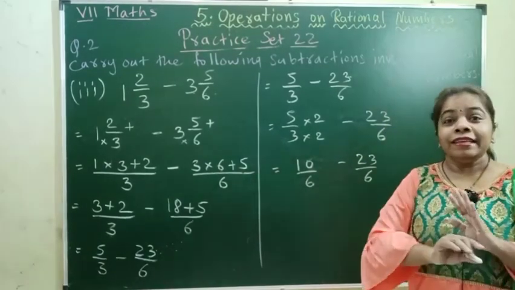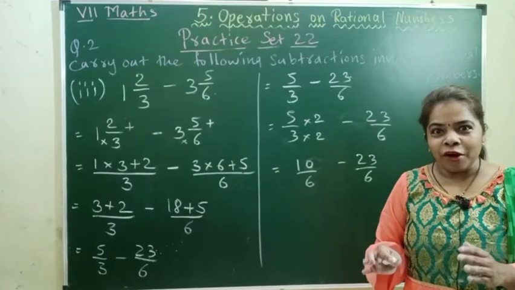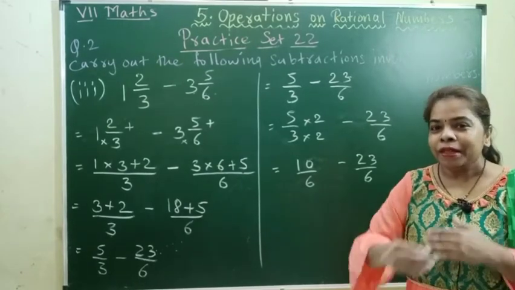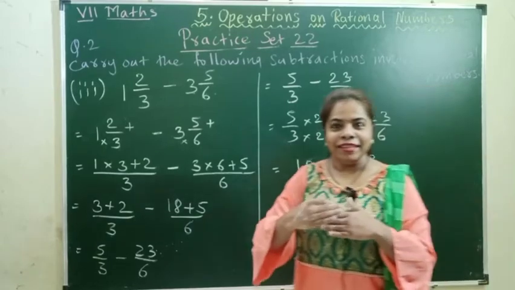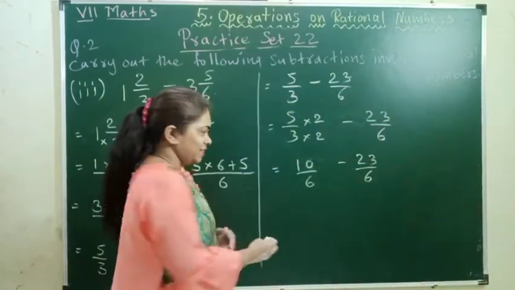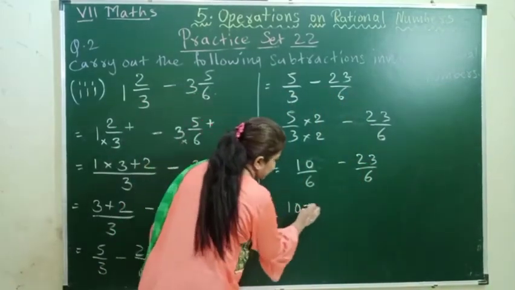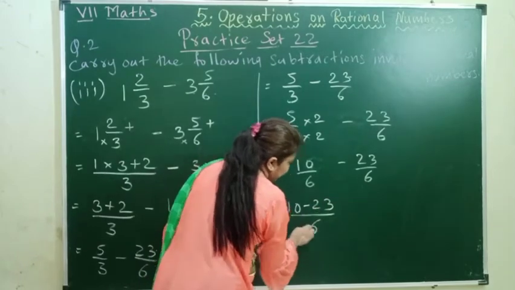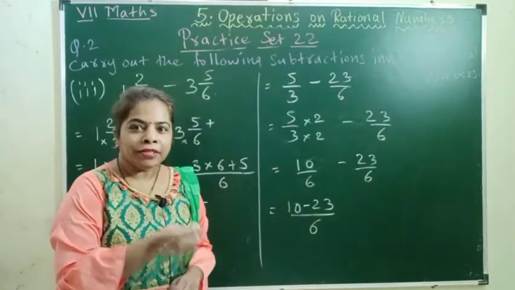Now we've got same denominator. Now we can subtract them by taking a common denominator. Let's do it. 10 minus 23 upon 6.